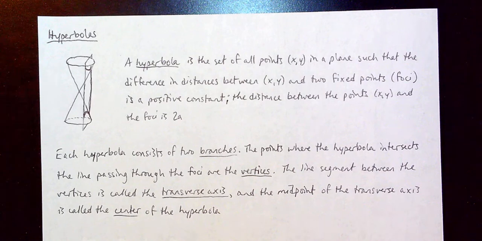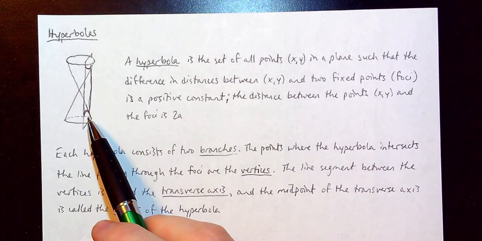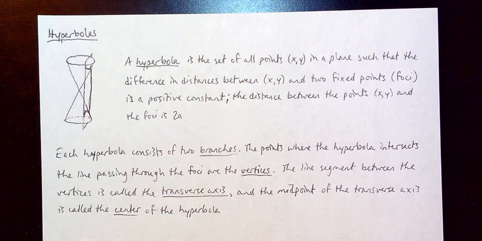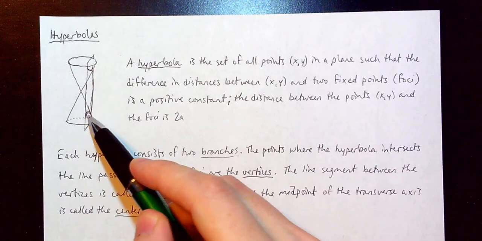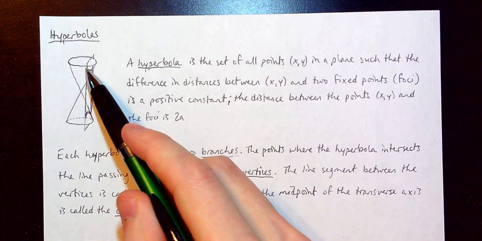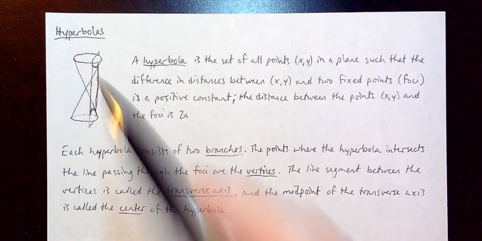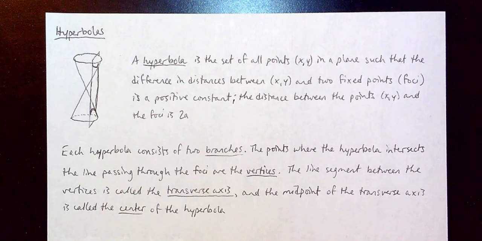Well, if you take that plane and you chop it vertically through the cone, you get what's known as a hyperbola. So where we have these curves here, where the plane and the cone intersect, that is our hyperbola.